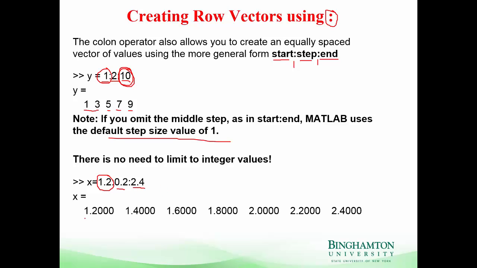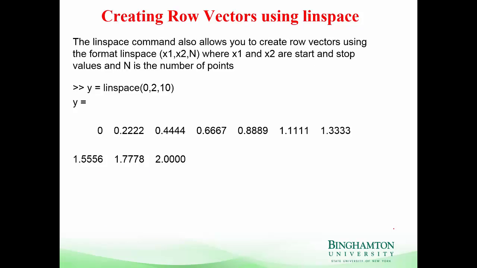Our step size goes by 0.2 each step. In this case, since stepping by 0.2, starting at 1.2, hits 2.4 along the way, which is our end point, we will actually have 2.4. But suppose I put 2.5 here, we would get exactly the same result that we have with 2.4 there.